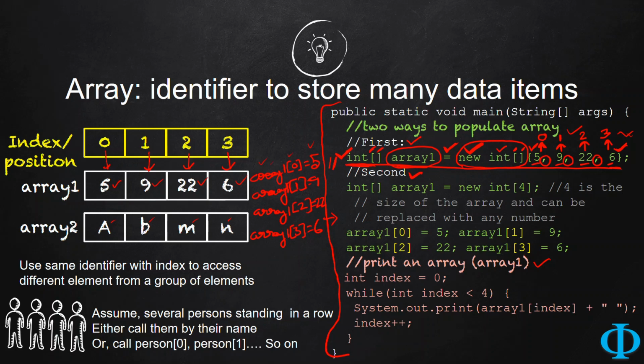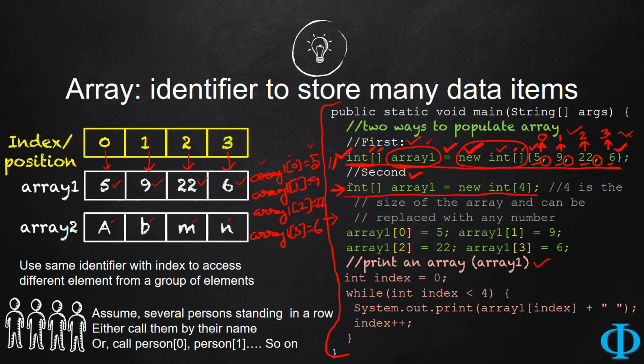In the second way of declaration, we are going to divide the declaration and the initialization or population into different parts. So in the first part, we are just going to focus on the declaration, which is shown in this line. In order to declare the array in a single line, you have to use the similar syntax that you have used before.